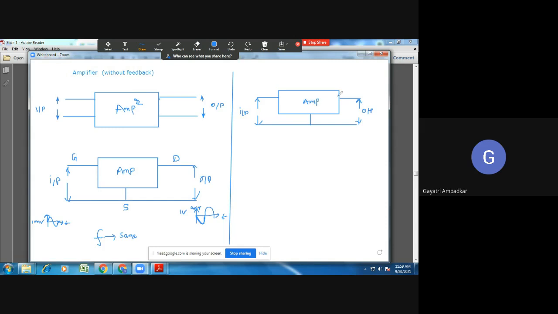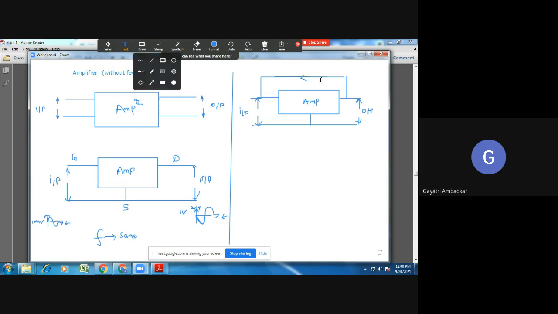Now, if I connect part of the output back to the input, what I have done is that the output is connected back to the input. I will call it feedback, the feedback process.